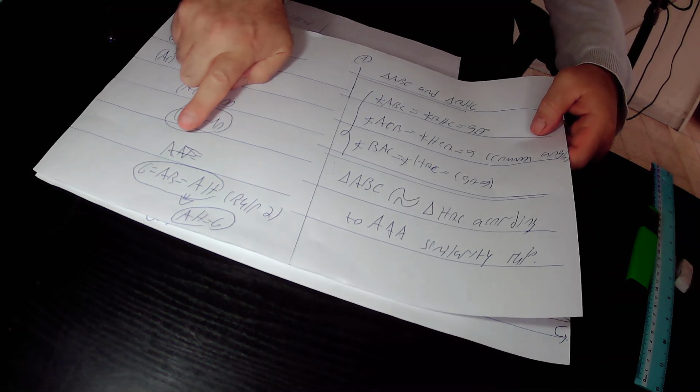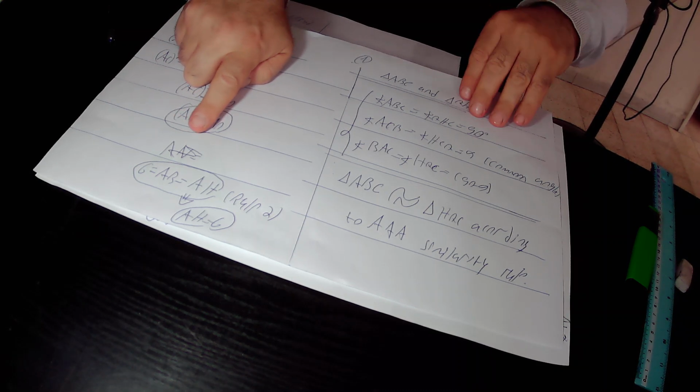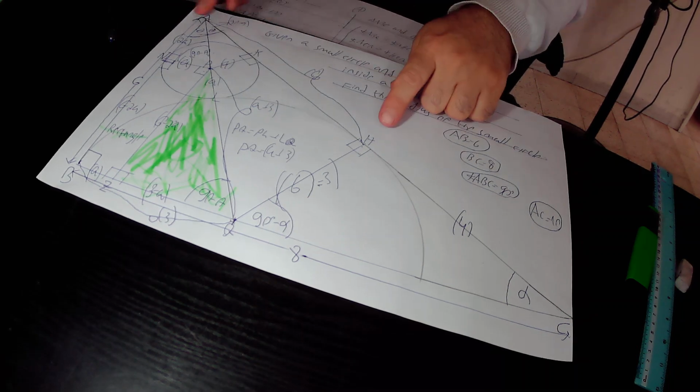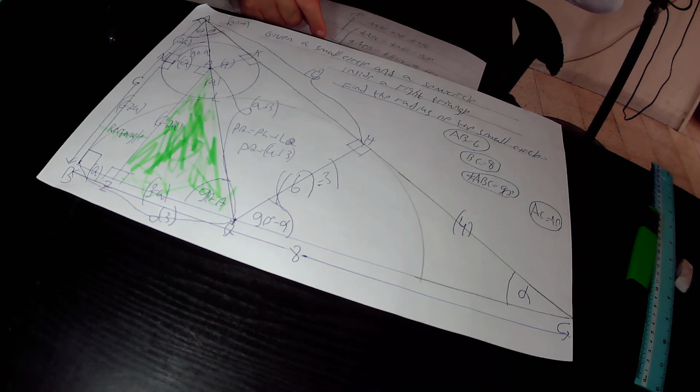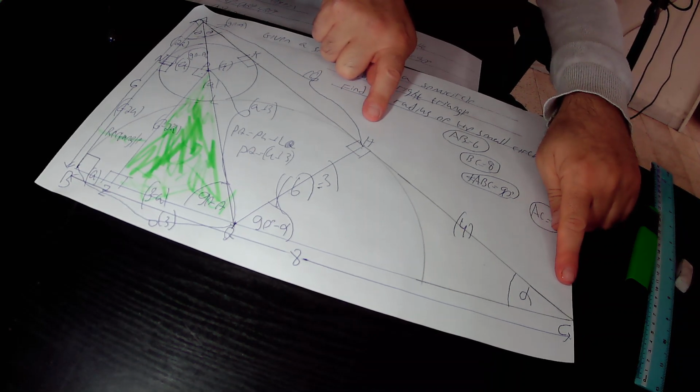But AB is 6, so we derive that AH also equals 6 units in length. What is the length of HC? HC equals AC, that is 10, minus AH, that is 6. So HC equals 10 minus 6, that is 4.